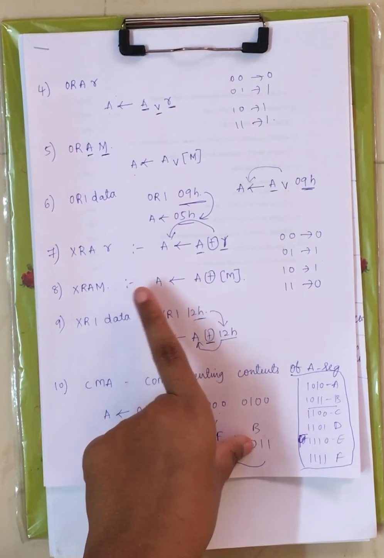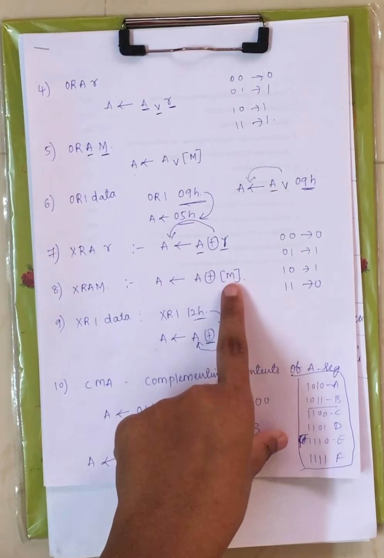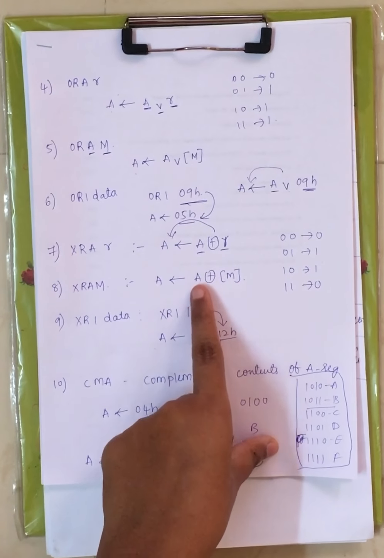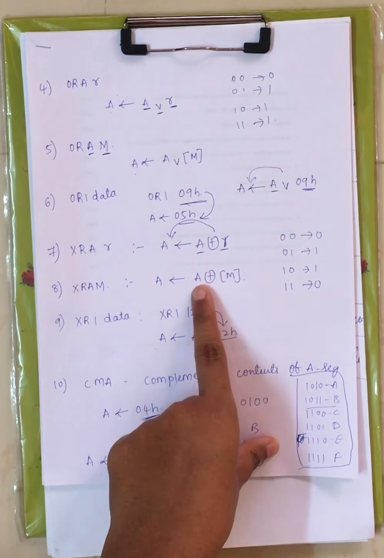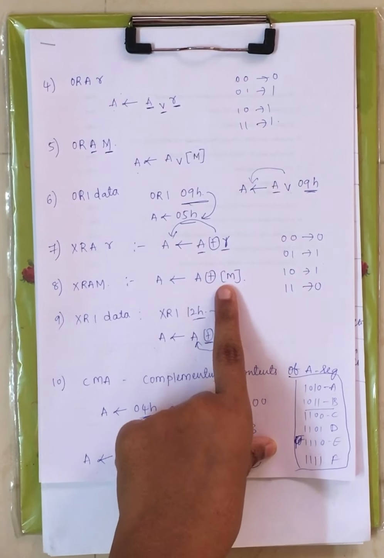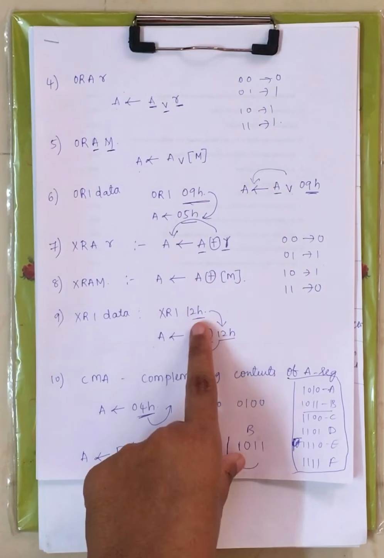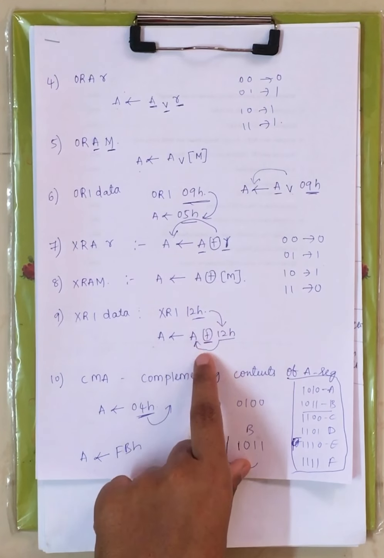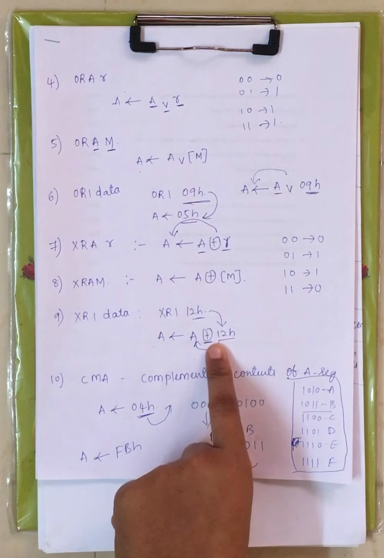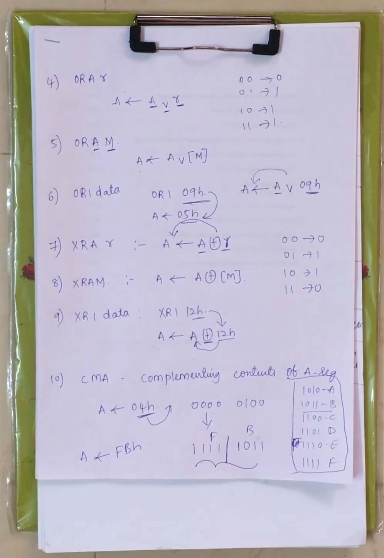It will do the logical XOR, exclusive OR operation between the contents of the memory location and the contents of the accumulator, and the result is stored in A itself. Now XRI data: with the data specified within the instruction and with the contents of the accumulator, you are performing the exclusive OR operation, and the result is stored in A itself.